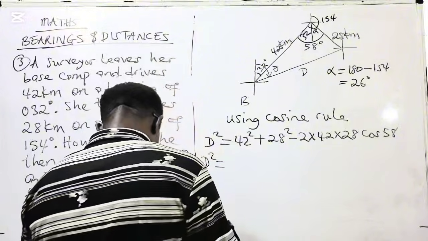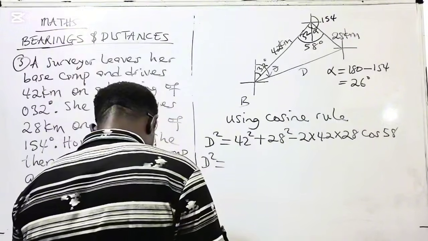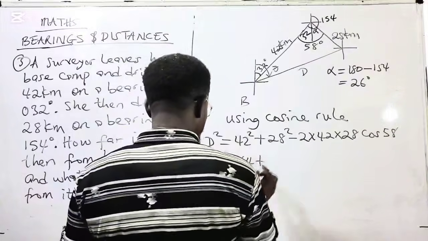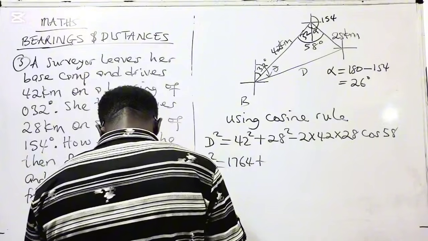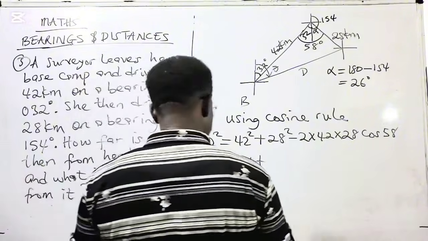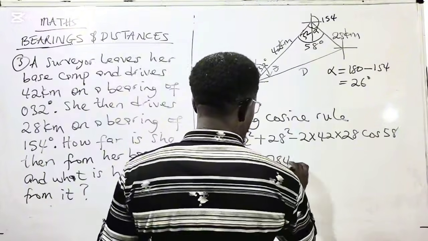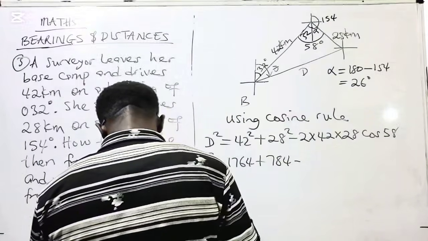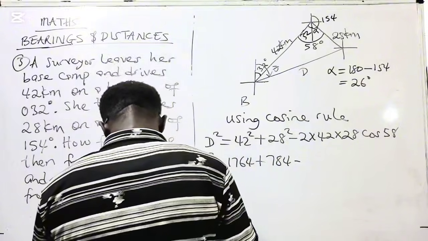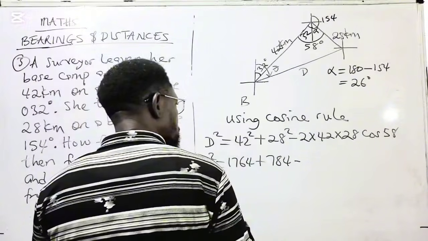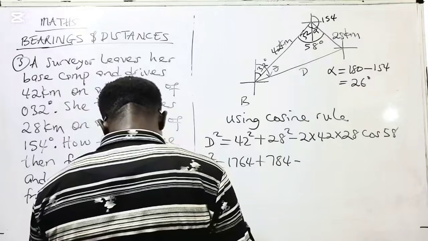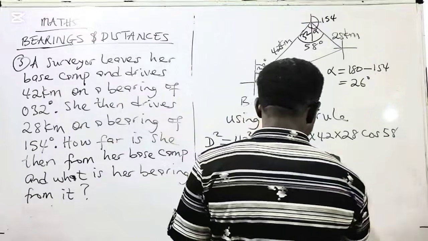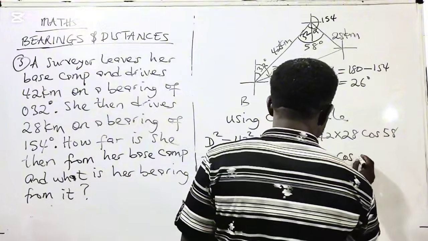we have 42 square now. That will be 1764. 28 square will be 784. Then we have 2 times 42 times 28, that will give 2352. 2352 cos 58.